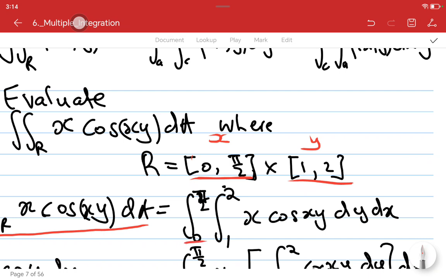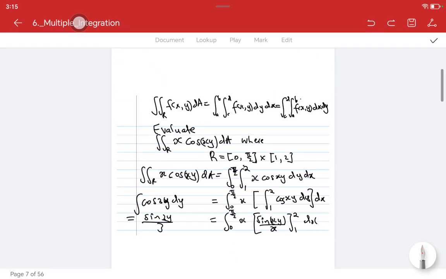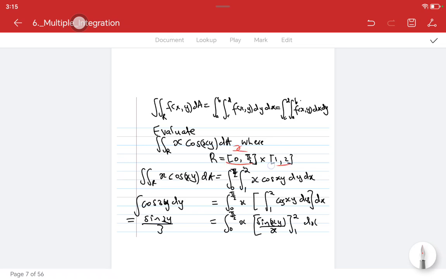That's why here we had 0 to pi over 2, which is outside, representing x. Then you have 1 to 2, which is inside and represents y. That's the only thing you need to know here.